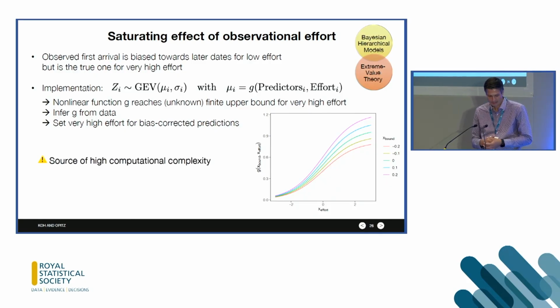We estimate this function from data, and then for doing bias-corrected predictions, we can set the effort to the high saturating value. We can stress that inference for this nonlinear, parametric G function is one of the main sources of computational complexity here.